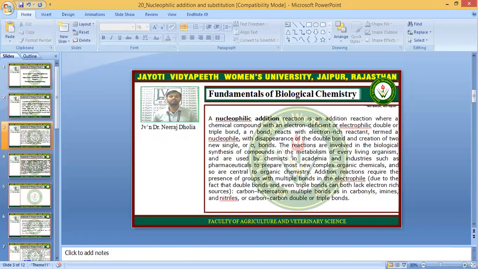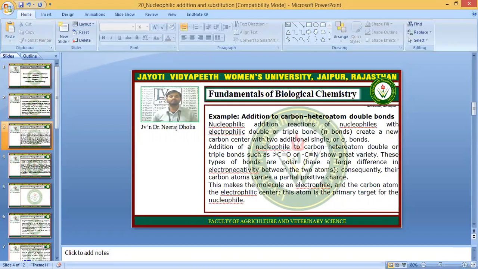These reactions are involved in the biological synthesis of compounds in the metabolism of every living organism, and are used by chemists in academia or industries such as pharmaceuticals to prepare most new complex organic chemicals, and so are central to organic chemistry.